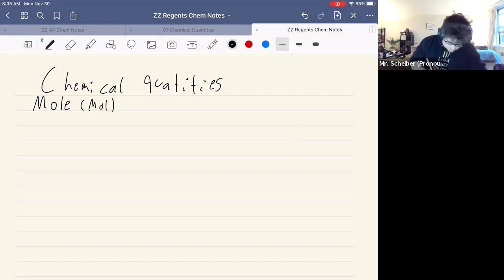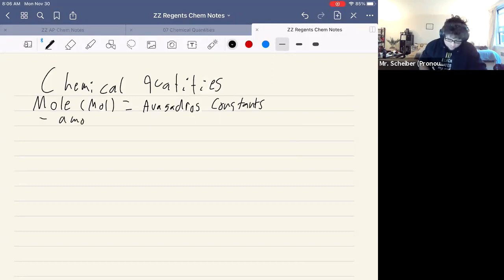And of course, remember a mole, which is Avogadro's constant. And we said that a mole is a unit we have to be able to talk about atoms and molecules on a macroscopic scale.